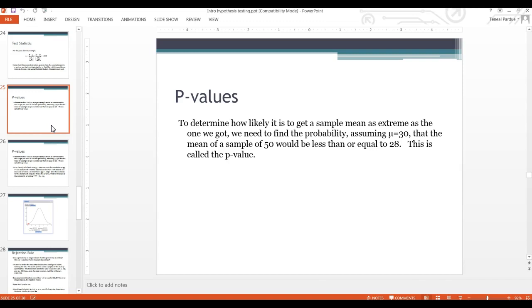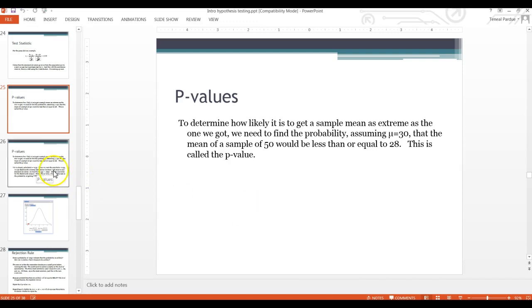Now, like I said, we're trying to determine how likely it is to get the sample mean we got given this assumption for our population mean. This is the p-value. So the p-value tells us, is it likely that we would get the sample data we got if the population mean is as the null hypothesis says it is?